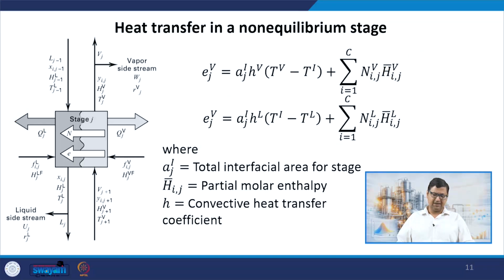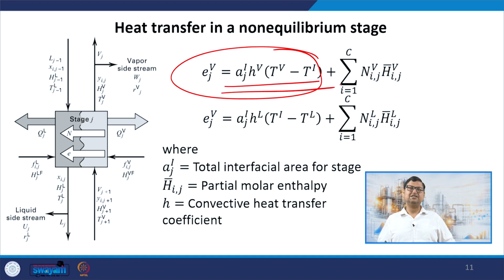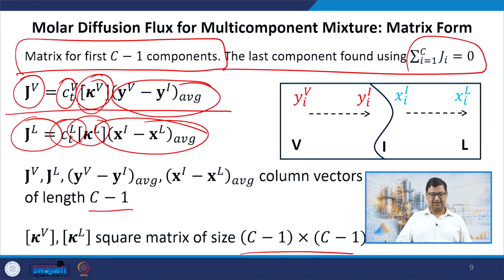Next are my heat transfer effects. The heat transfer also consists of two terms. One is the convective heat transfer, the first term, which is because of the temperature difference. Again, we have an interfacial area coming in there, and then a heat transfer coefficient, similar to the mass transfer coefficient we had here.